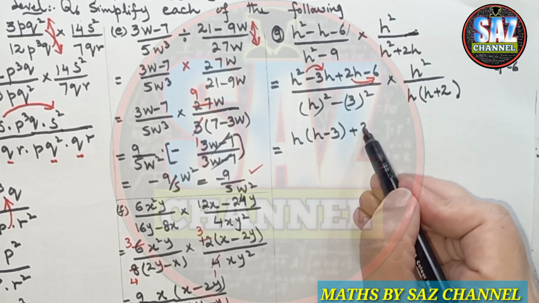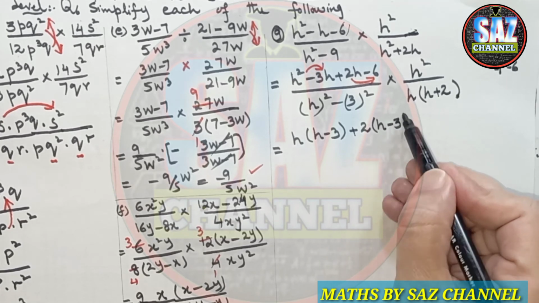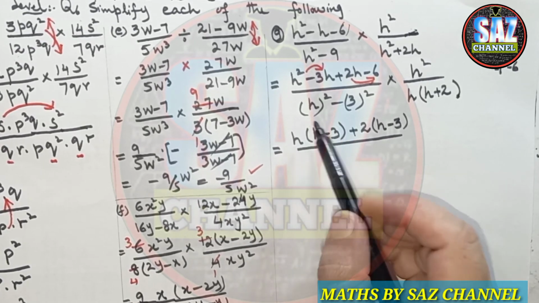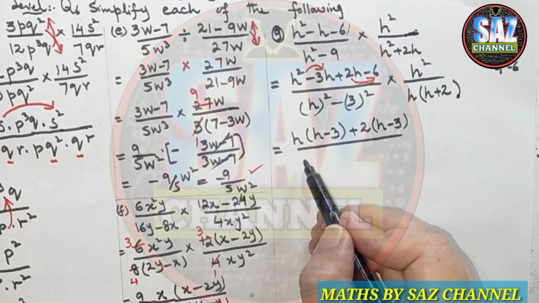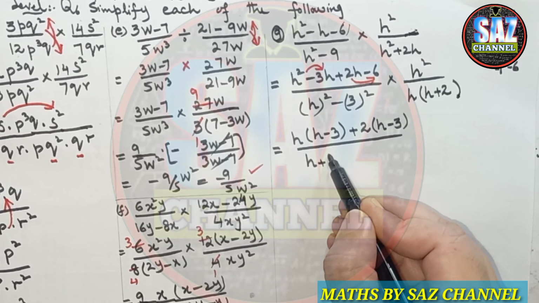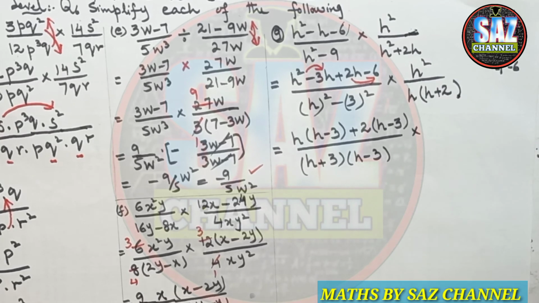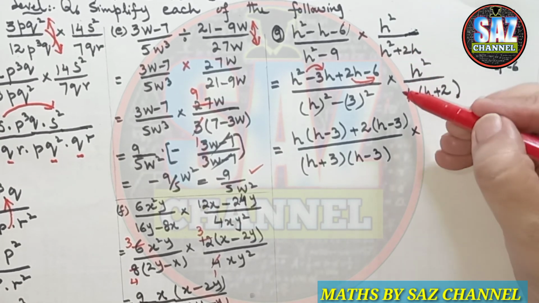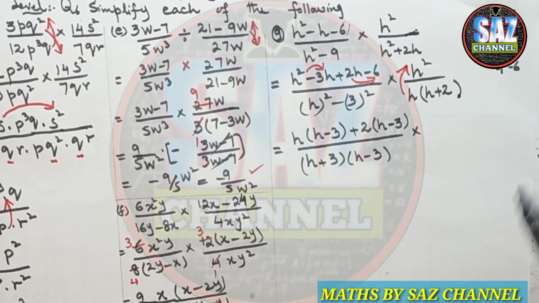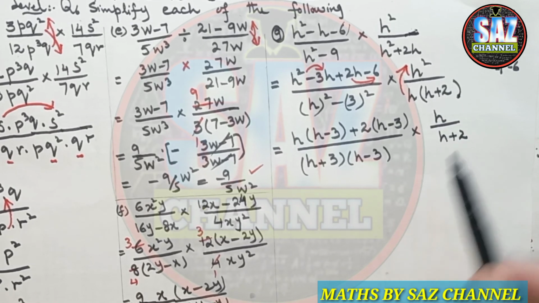Then from the second group, plus 2 can be taken as a common factor, and inside the bracket I will be left with h - 3. Then a² - b² is (a + b) multiplied by (a - b), because this is the application of the difference between two squares, and a of the question is h and b is 3, so (h + 3) multiplied by (h - 3), multiplied by, now see that this h and h² can be simplified by the quotient law of indices with the same base, and it can be written as h upon h + 2. I hope this step is clear to you.